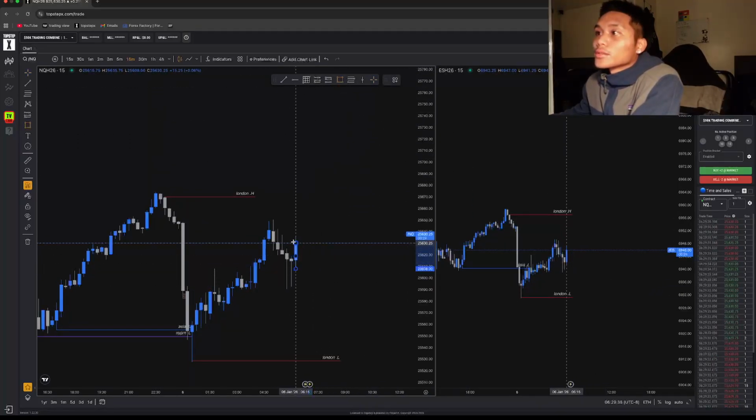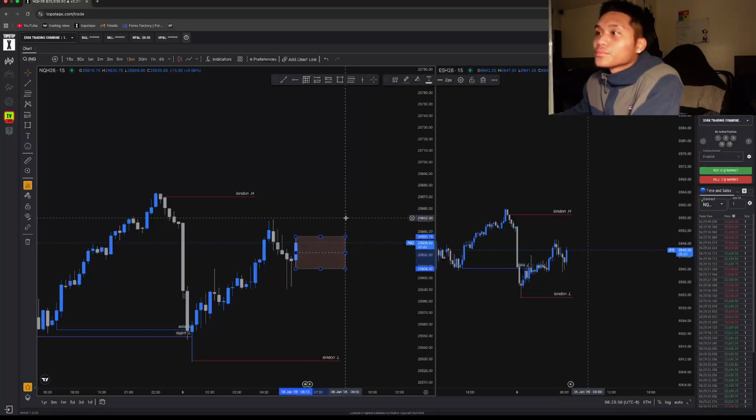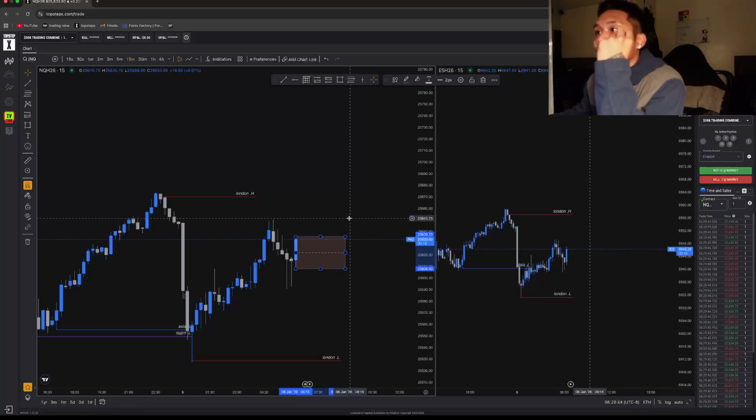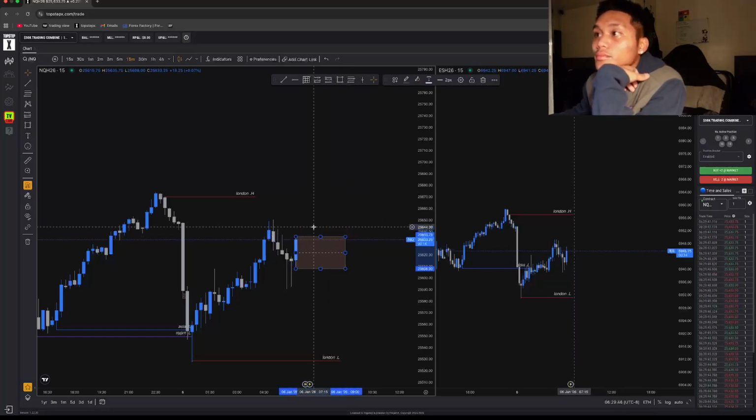Looks like the candle is about to finish up closing. Oh, getting a higher push to the upside. Look at that finish.